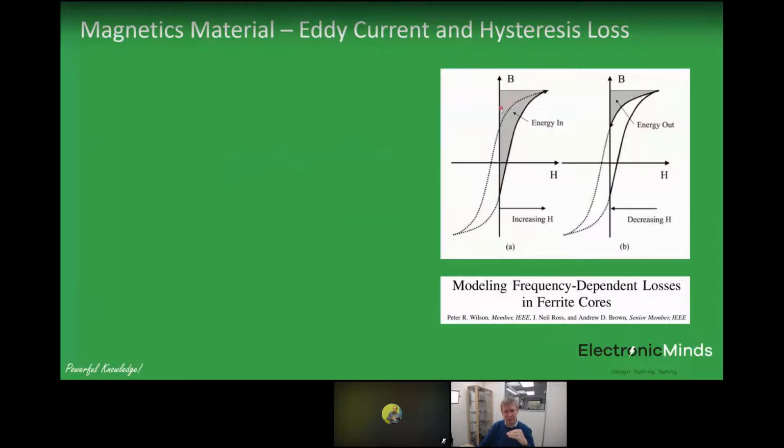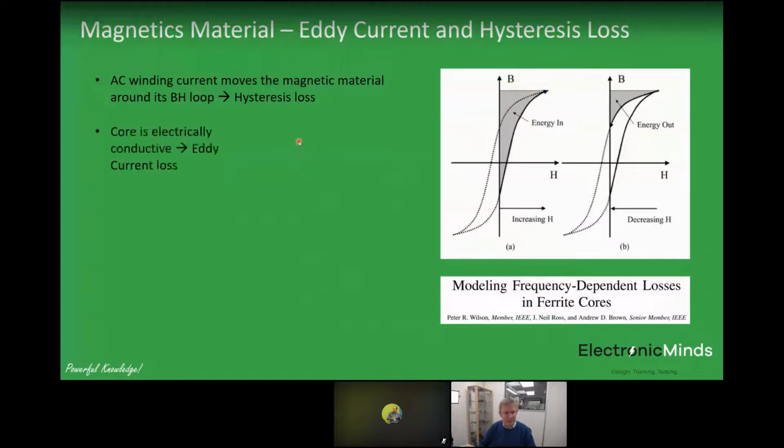And as we come back, we follow the top trace, and you can see that there's an energy lost. It's actually the energy contained within the curve here. And if you're going bipolar flux, that would obviously happen the other direction as well. So that's hysteresis loss, and it's just a result of moving around that BH curve at high frequency.